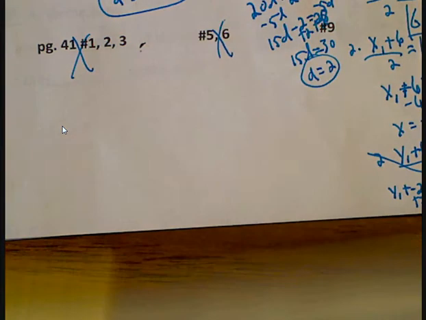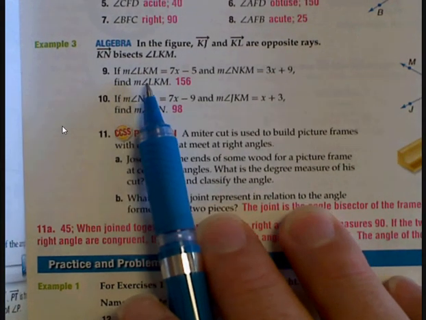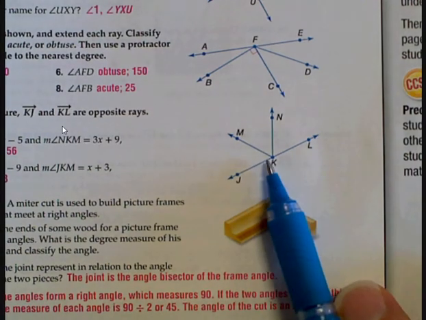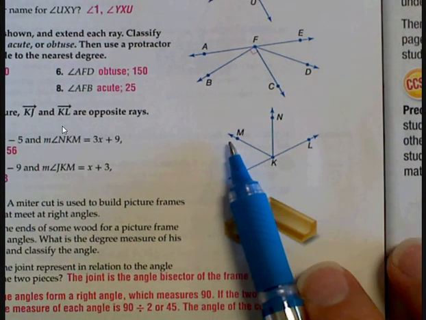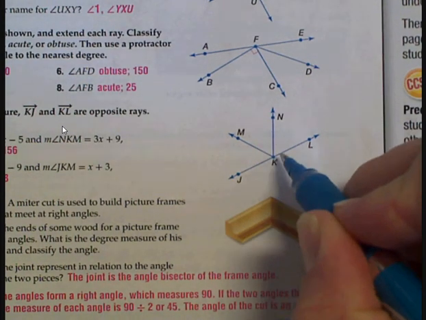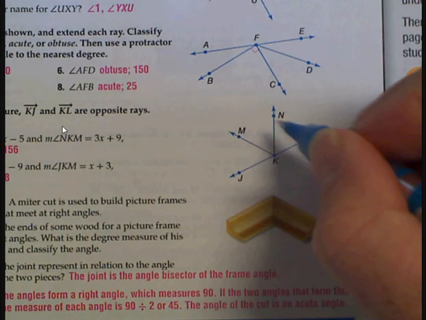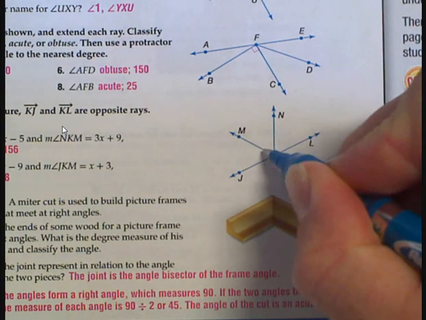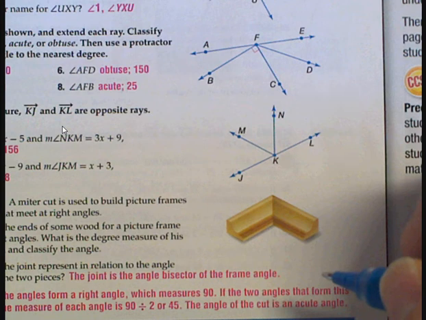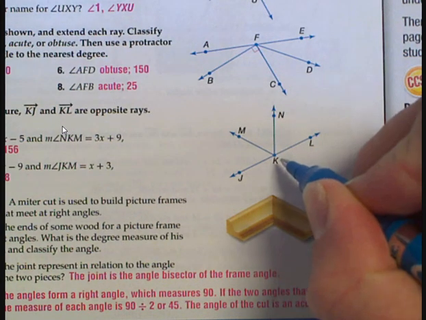Now we need number 9. Number 9. If measure angle LKM is 7x minus 5, so this entire thing is going to be 7x minus 5. NKM, this little one is 3x plus 9. I have to find LKM.